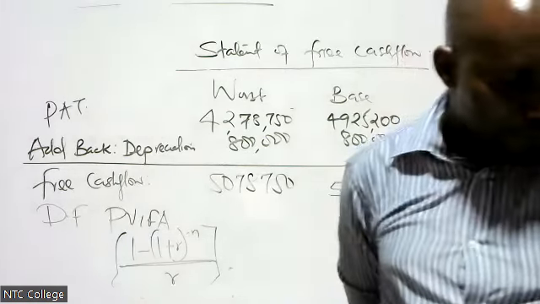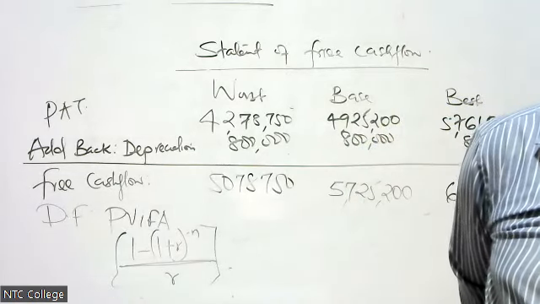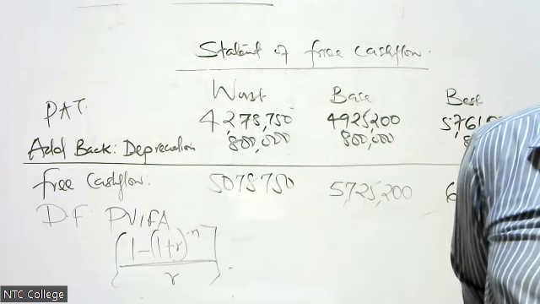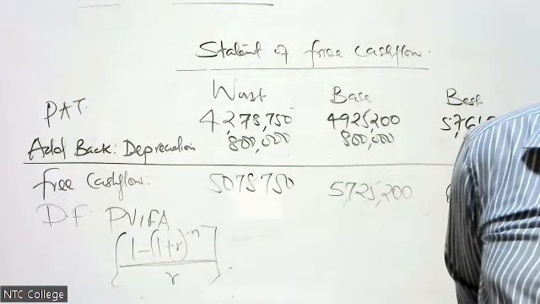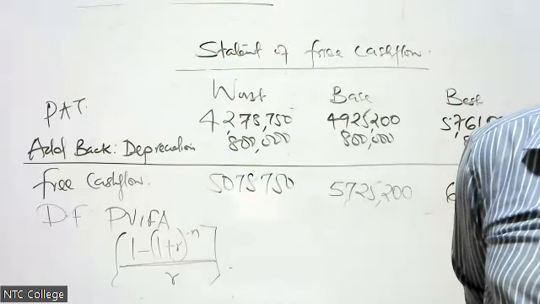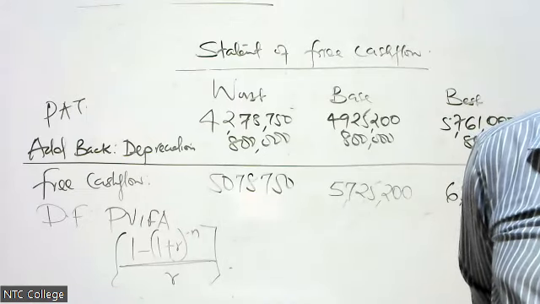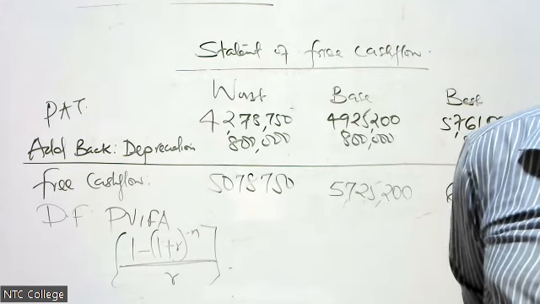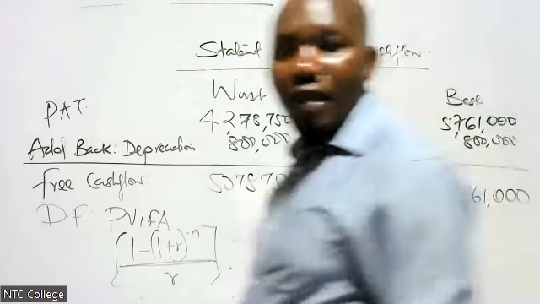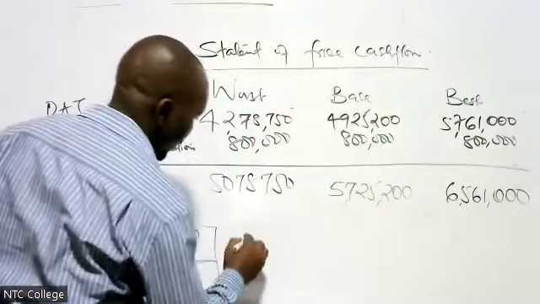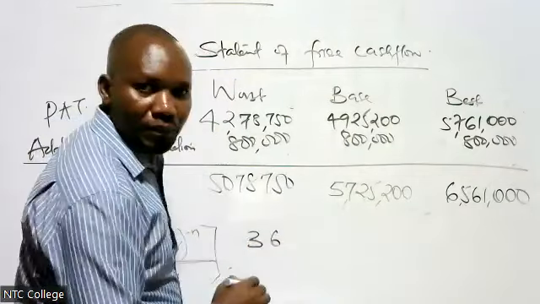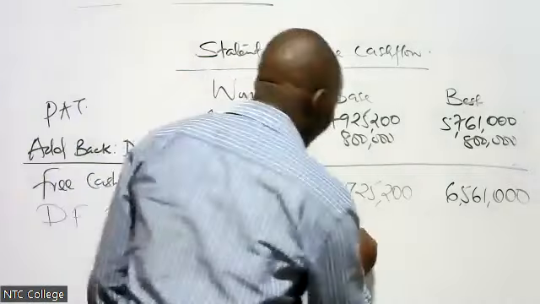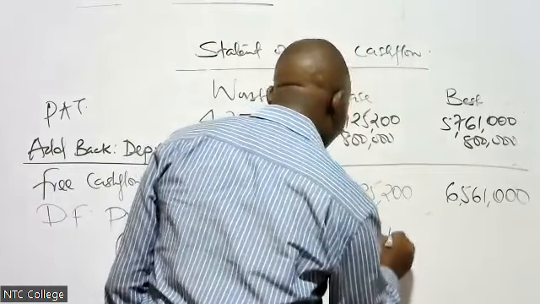Discounting factor is 3.6048. So that should apply to all of them because the period is the same.